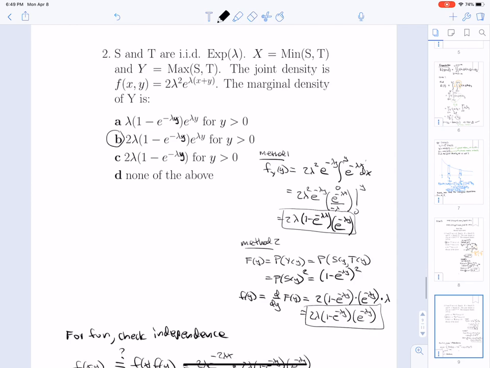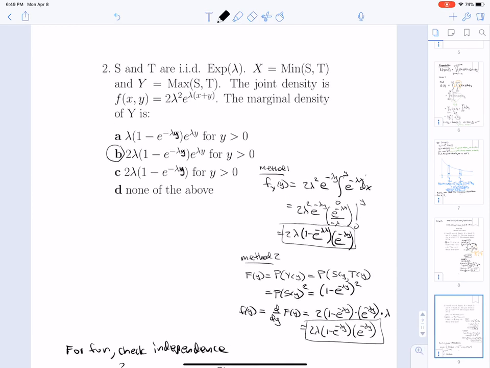To do the second question, we'll do it the same way. For method 1, we're just integrating out x, and x is smaller than y.